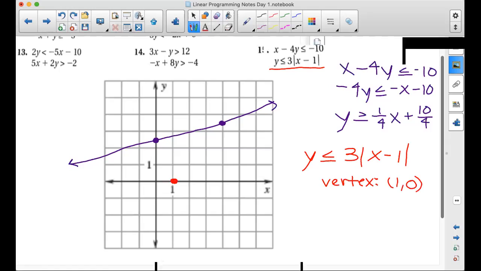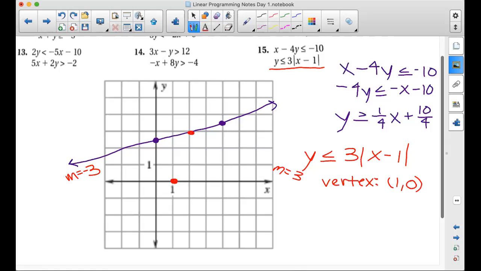So our vertex is at 1, 0. And what is this 3 going to do to our graph? Ava? So on our right side, our slope's going to be 3. And what about on the other side? Negative 3. Yep.